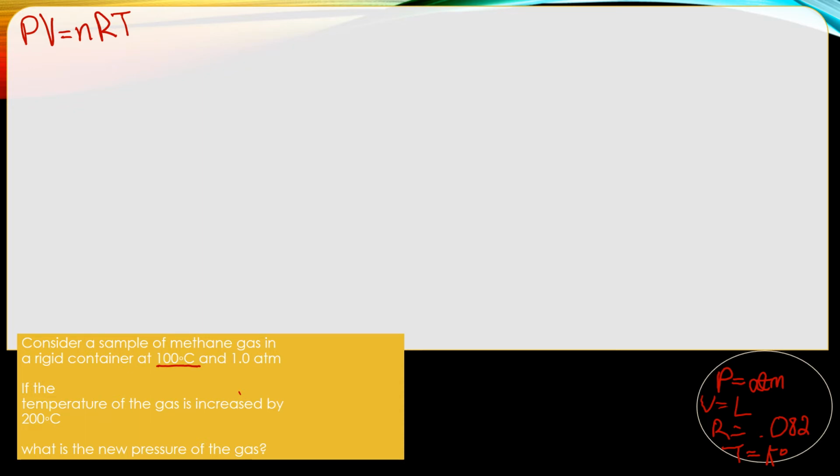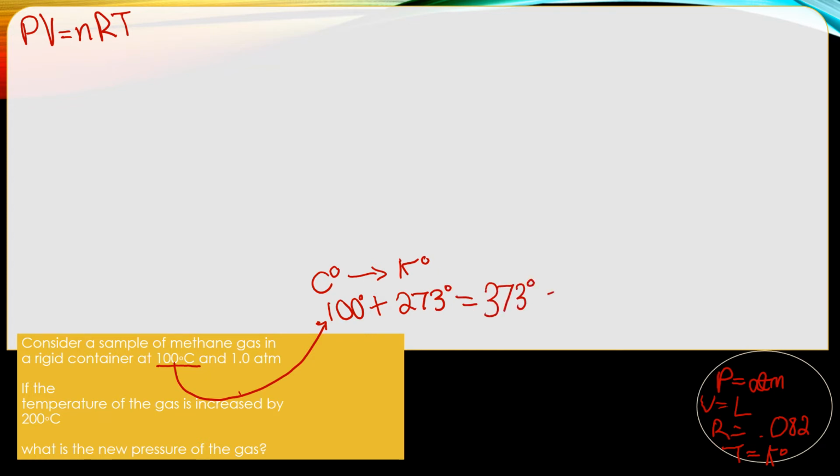In order to do that, to go from Celsius degrees to Kelvin degrees, we add our Celsius degrees to 273 degrees. And then we get 373 degrees Kelvin.